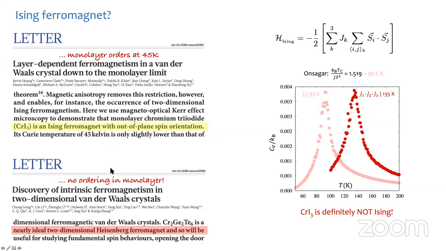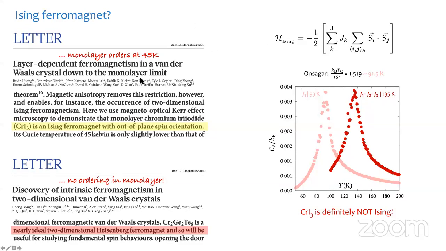So they thought that this material is a Heisenberg ferromagnet, and since CrI3 orders at the monolayer and the Tc is much higher than this material, in comparison they put CrI3 as an Ising ferromagnet. So that was the understanding at the time.